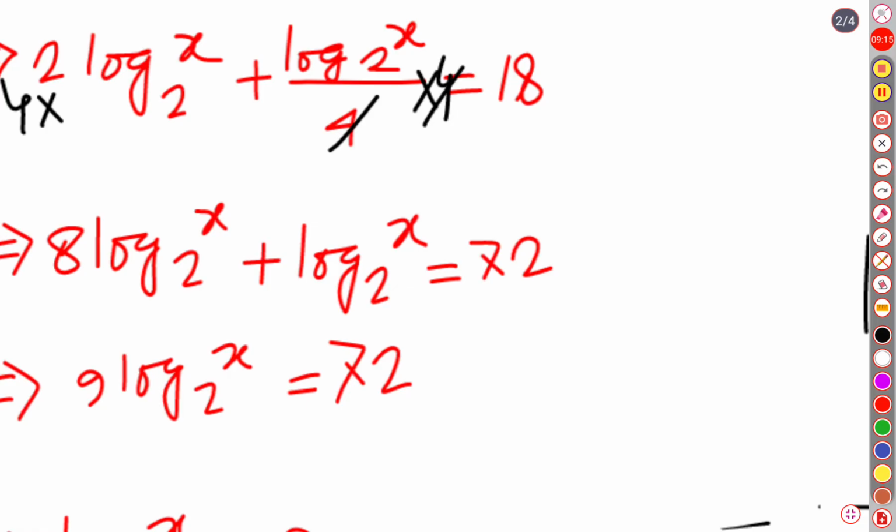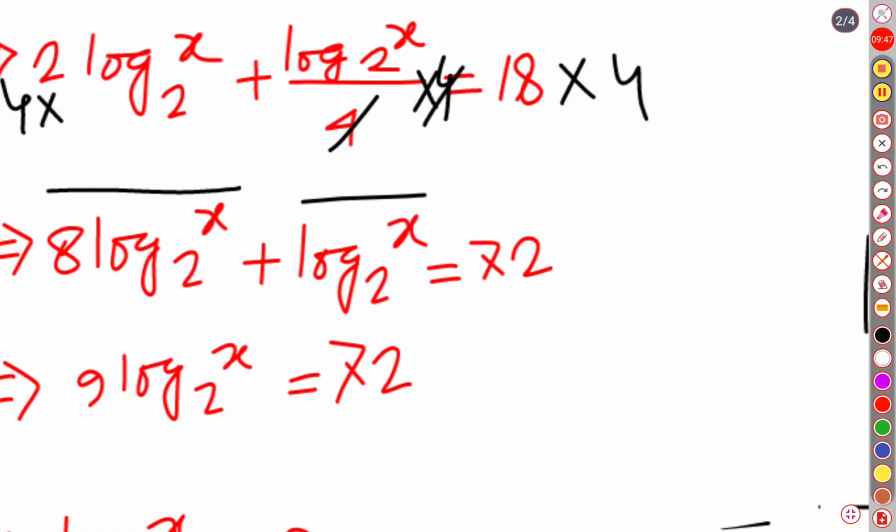So the first one will be 8 log base 2 of x, then again log base 2 of x, equal to, if we multiply this by 4, 72. So ultimately we have got 8 log base 2 of x plus log base 2 of x, equal to 72.